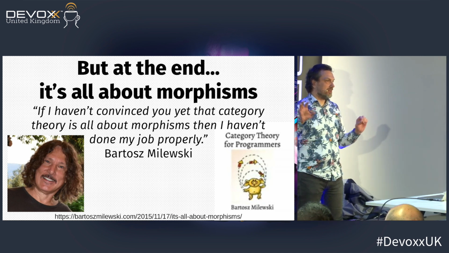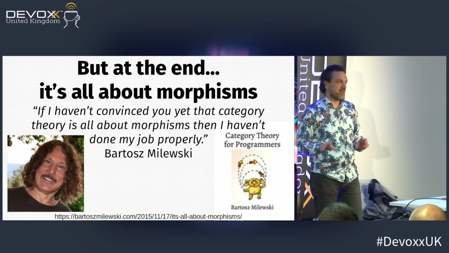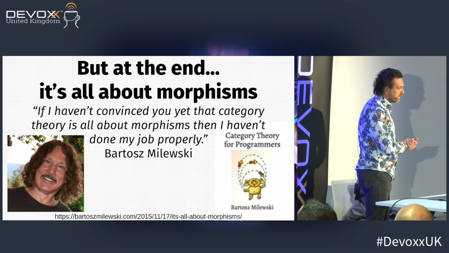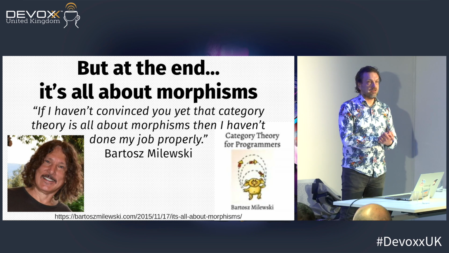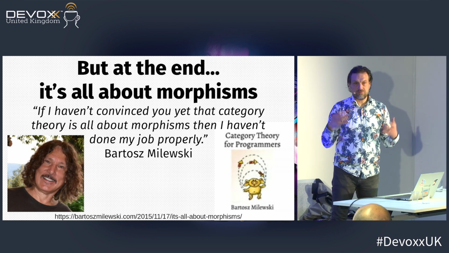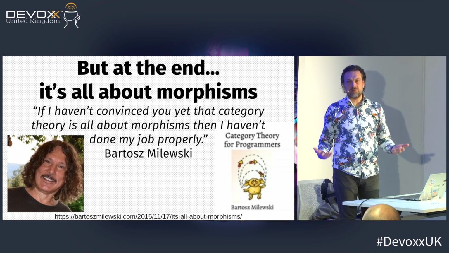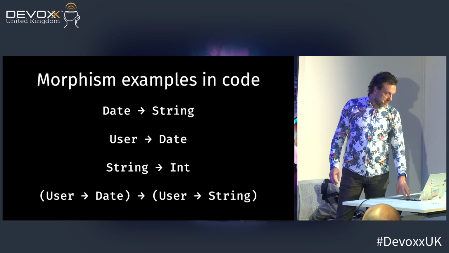If you really want to learn category theory, this is the best book ever. It's also free on the internet. It's quite complicated, but it's definitely worth it. And at the end, it's all morphism. All the concepts of functional programming are around morphism. If you grasp this concept, you should be able to write functional programming, whatever the language, whatever the library.